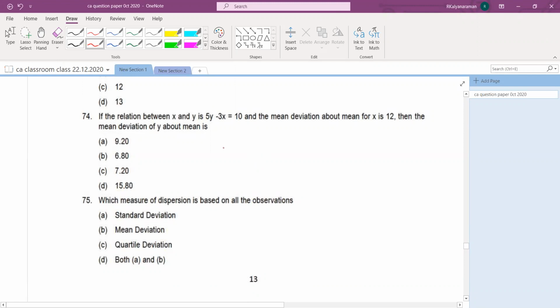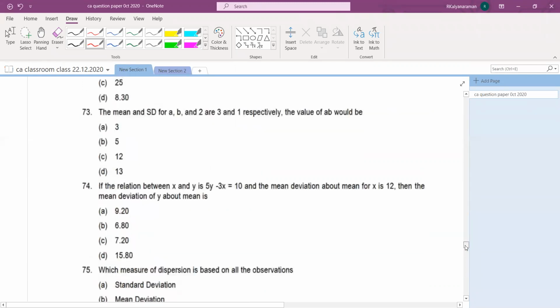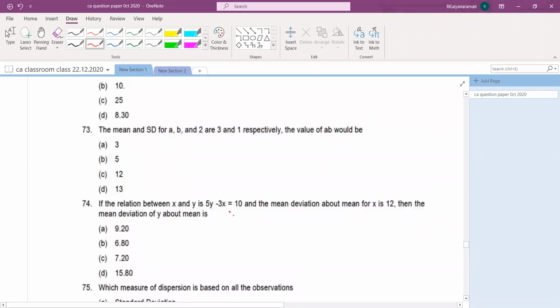So 74th question: if the relation between x and y is 5y minus 3x is equal to 10, the remaining questions you can use the formula directly. That is it. So y is equal to (3x plus 10) by 5.